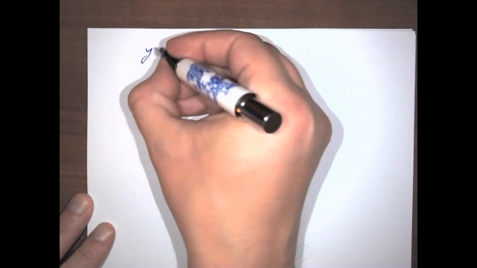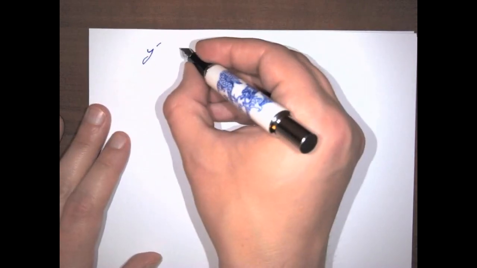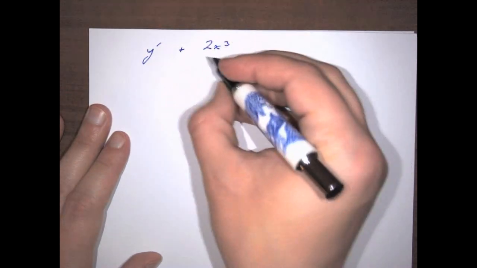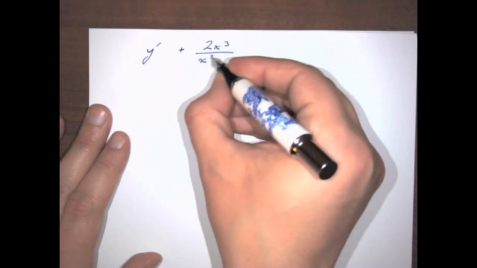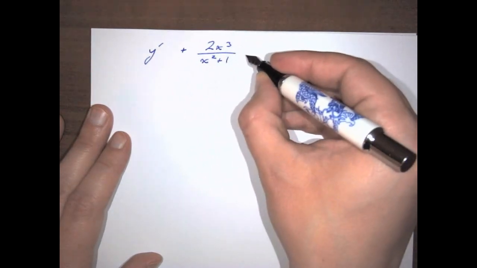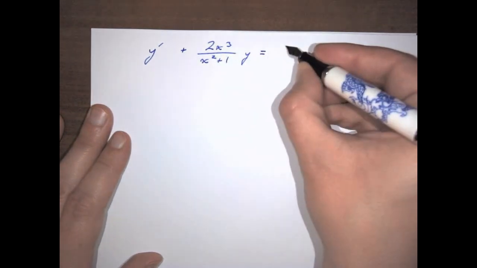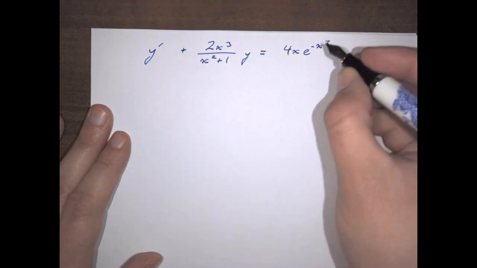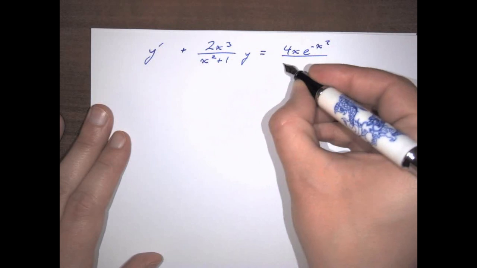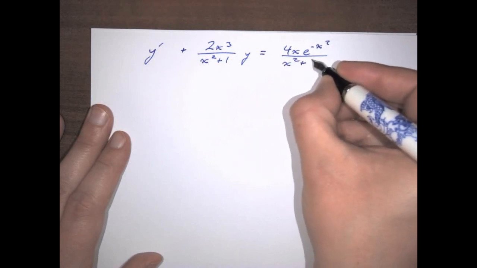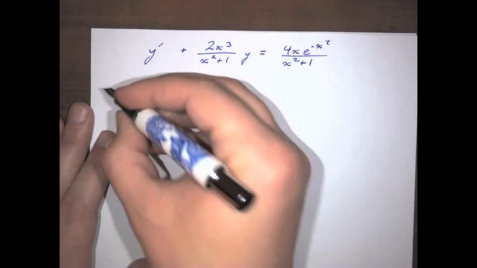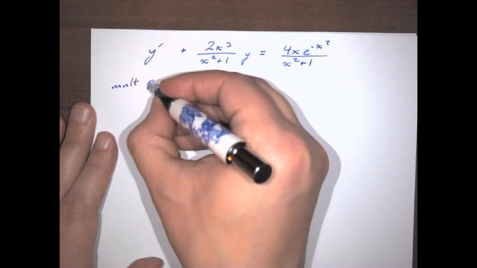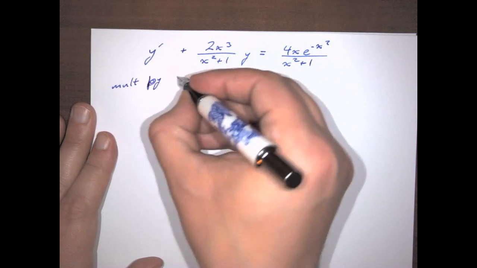We had y prime plus 2x cubed over x squared plus 1 y is equal to 4x e to the negative x squared, all divided by x squared plus 1. And now we multiply by rho.